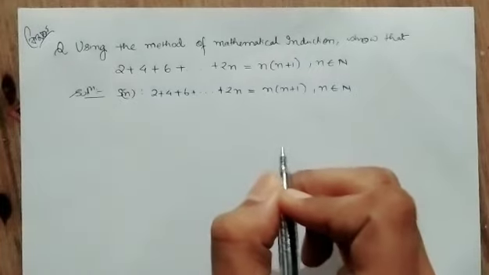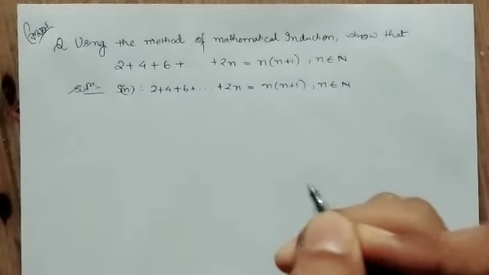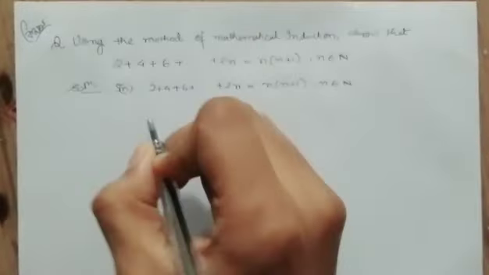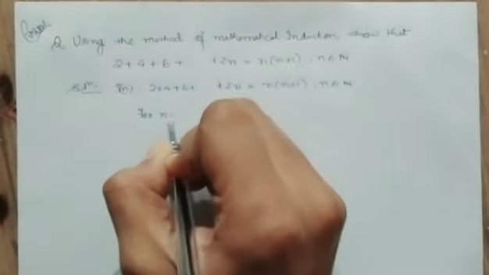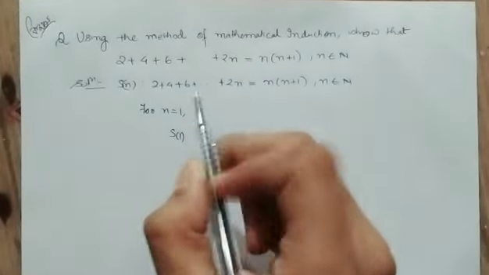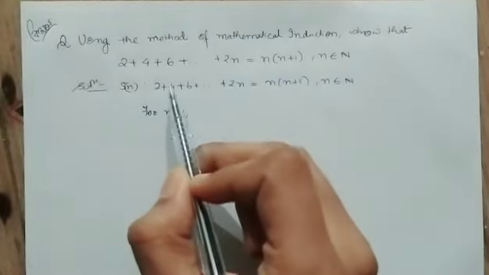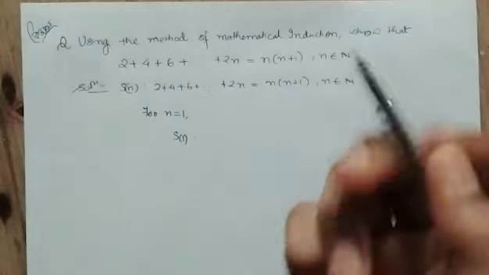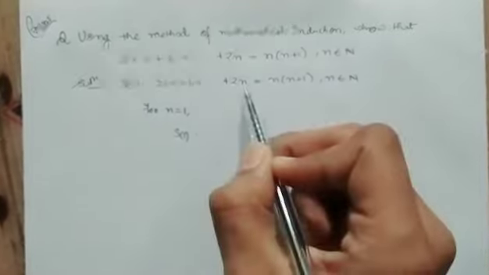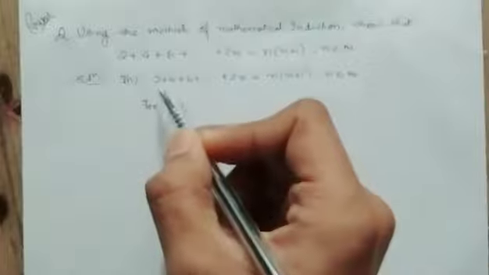So as per the method of mathematical induction, first we will test the validity of this statement for the least natural number, which is 1. Okay, let's begin. So for n is equal to 1, S1. If we look at the LHS term, for n is equal to 1, we'll consider the first term 2, or you can just substitute 1 in place of n. By doing this you will get 2 into 1, which is 2.